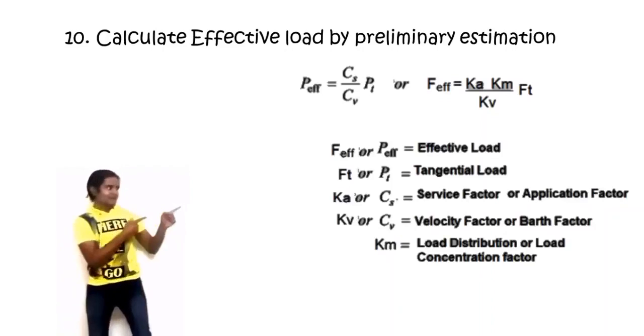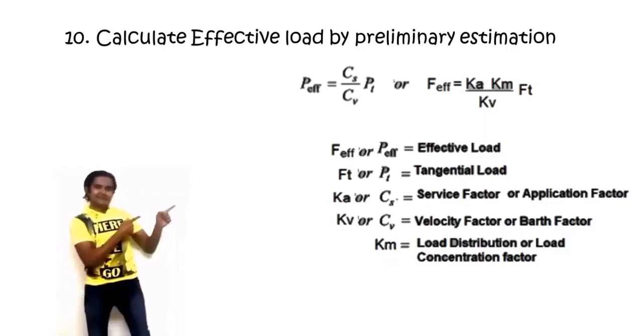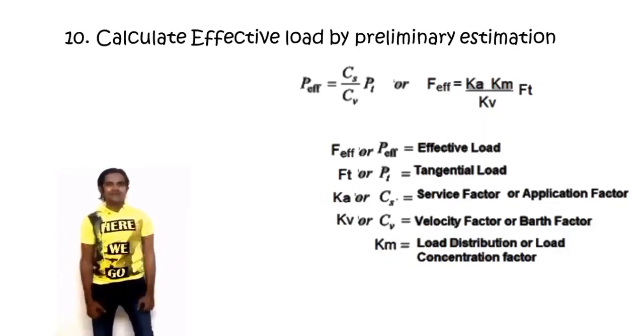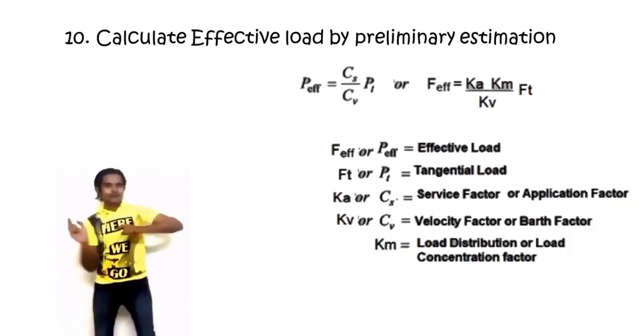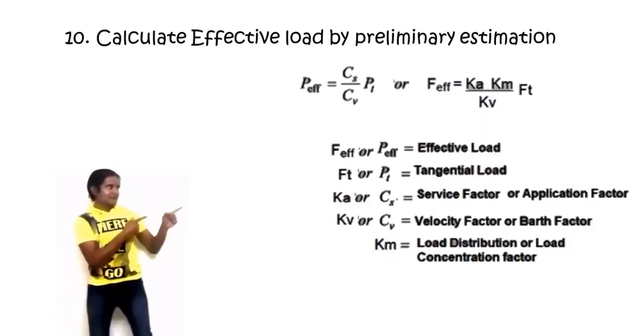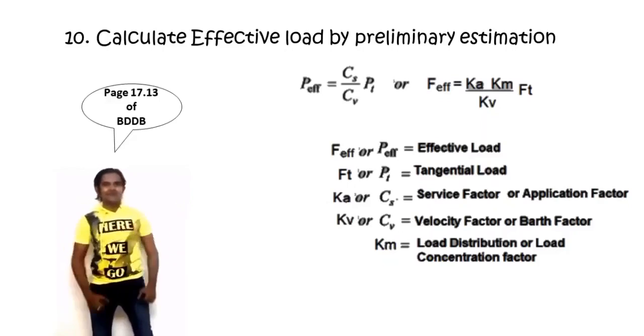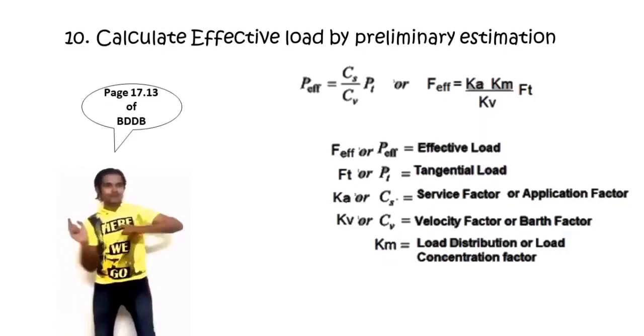PT or FT is the tangential load. KA or CS is the service factor or application factor. KV or CV is your velocity factor or Barth factor, and KM is the load distribution factor. So in the 10th step we are calculating this, and you can find this on page number 17.13 of the Bhandari design data book.